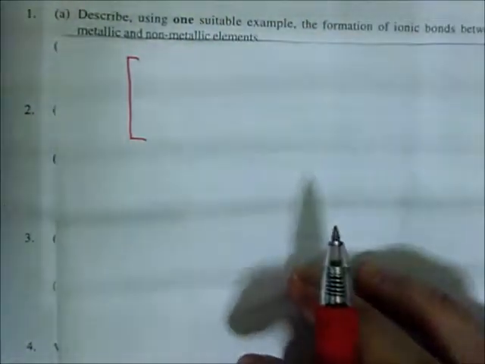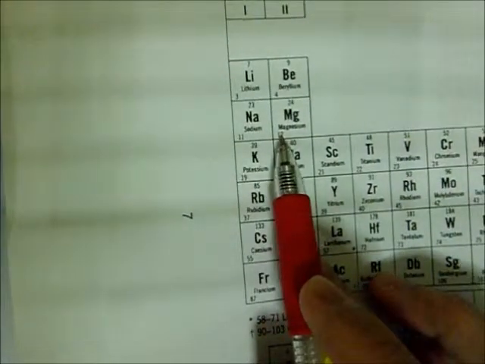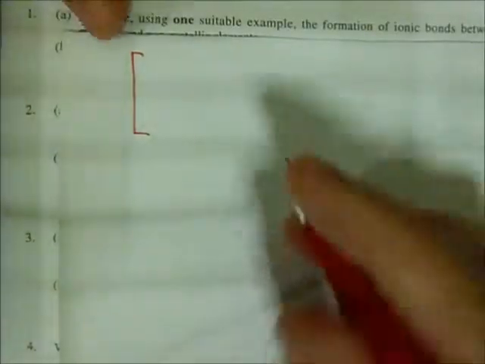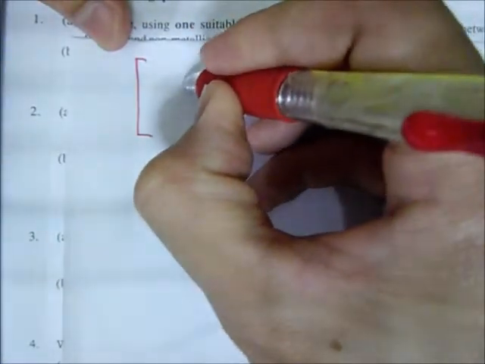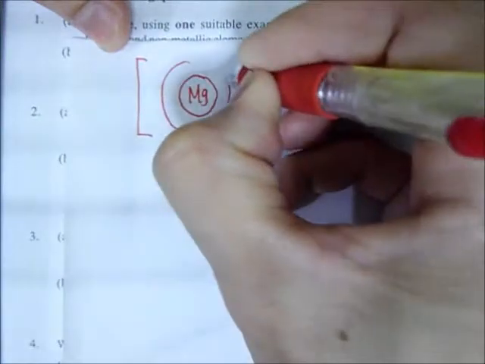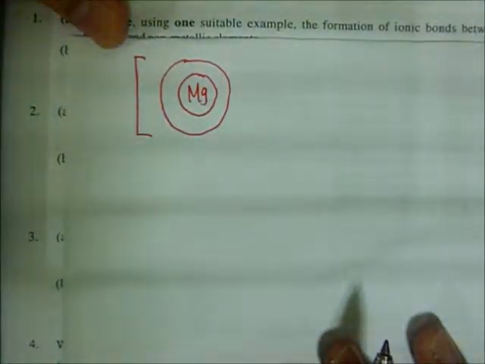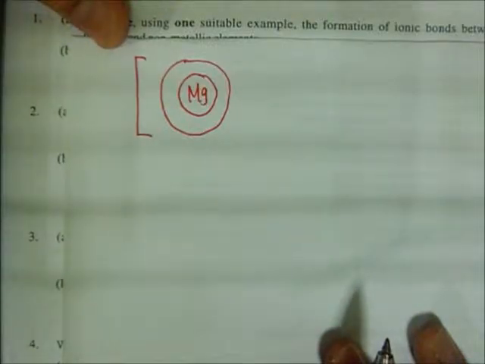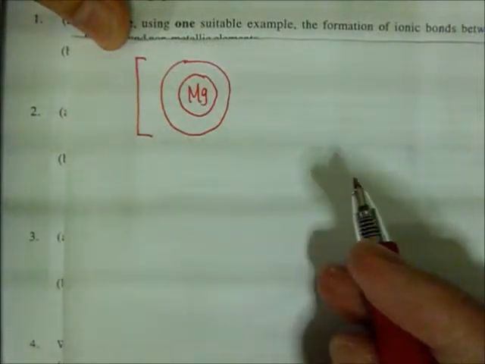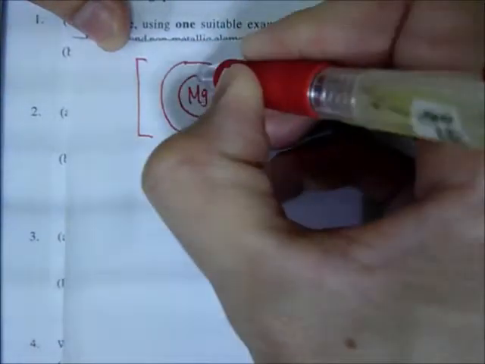So magnesium, the number of electrons is the same as the number of protons, which is 12. So 12 means 2,8,2. Now 2,8,2 means that it has 2 valence electrons. So it would tend to lose these 2 valence electrons to become 2 positive.